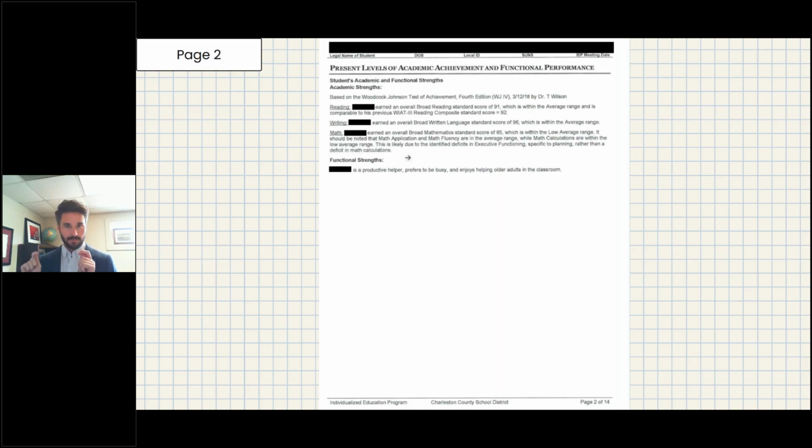You need to have some kind of data showing a deficit and a need in that area. So if you're mom, dad, grandparent, and you see that there's a need in math, then you're going to want to make sure that in the math section, there is a lot of data supporting that your child needs some help.